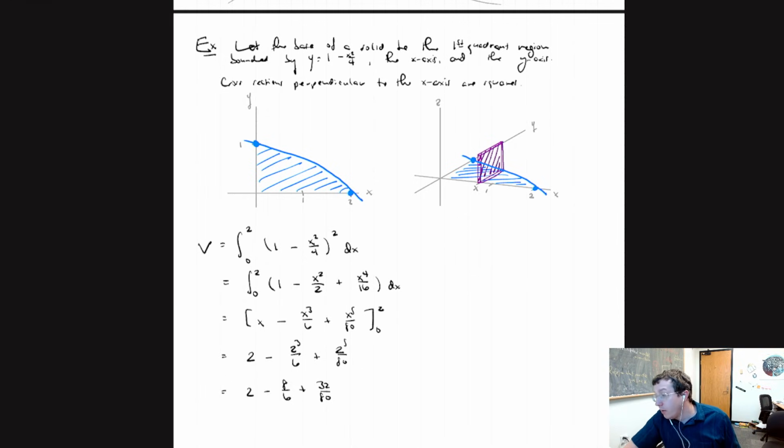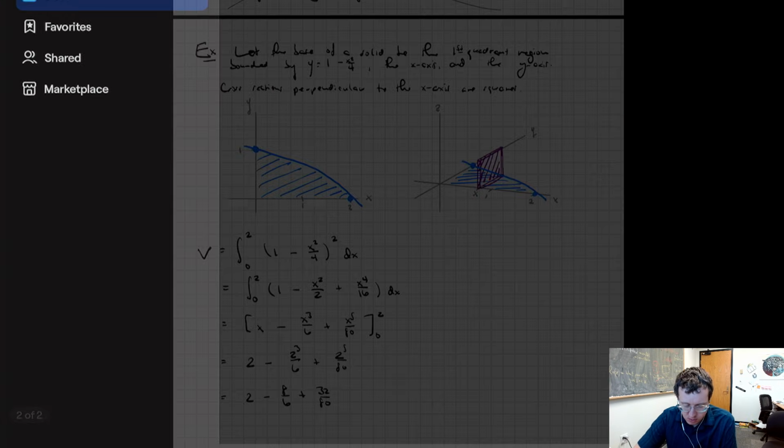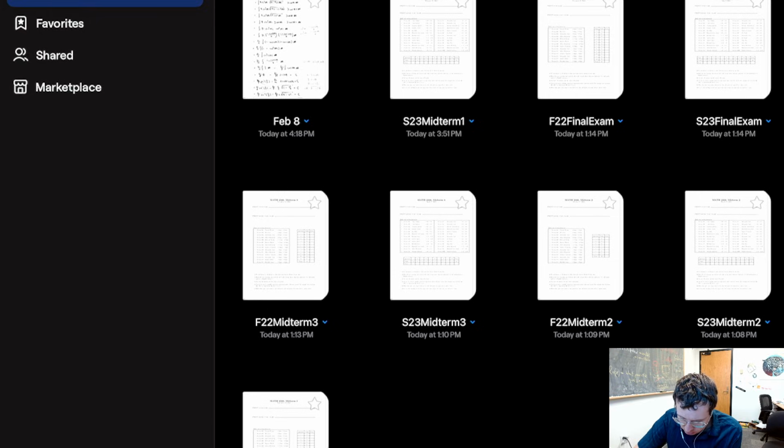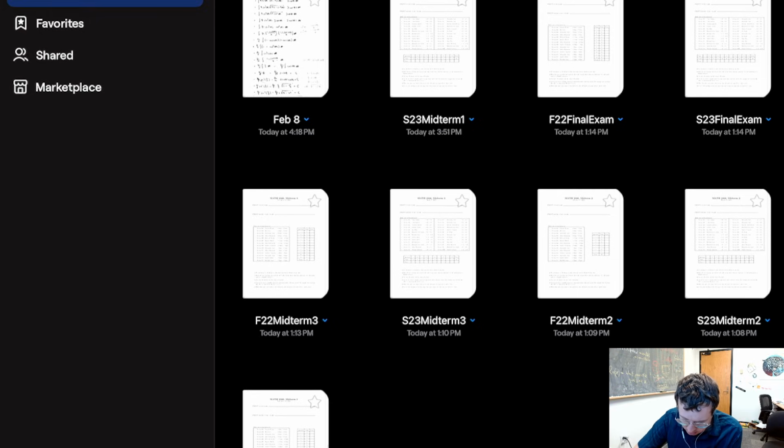If you have a problem for me with a different axis, I'd be happy to do it. It doesn't change that much. I am curious what sorts of problems with volumes have been on midterms in the past.